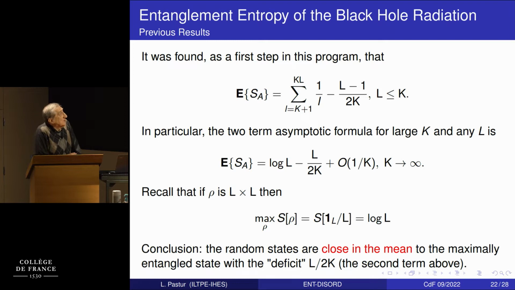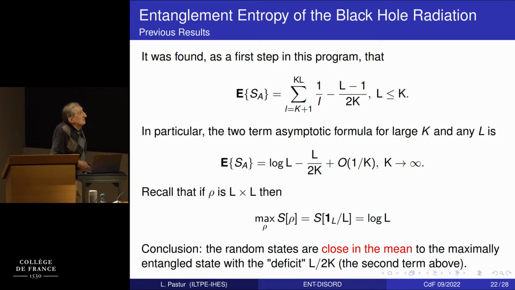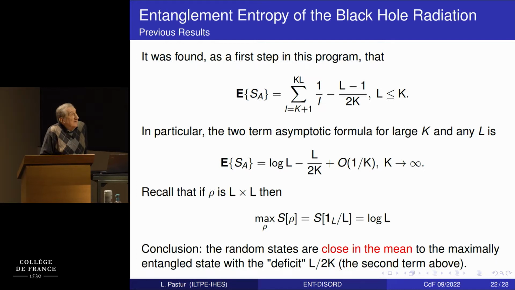Page computed it for dimensions 1, 2, 3, 4, and made the conjecture that the general answer is like that. It was then confirmed by several quite involved calculations. This is an exact formula, and K is big, as always, because the black hole is big, but the radiation is not big.